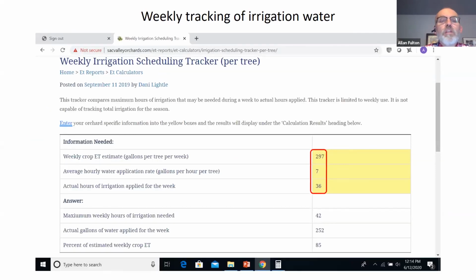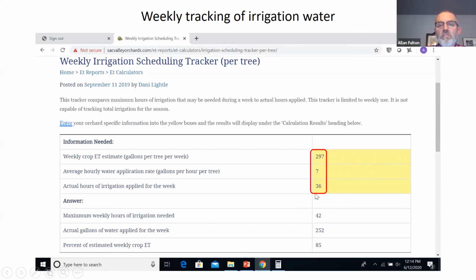And here is, again, using the online irrigation scheduling tracker to reinforce, double check, or make it more convenient for you. We put in the 297 gallons per tree per week of use, and the average application rate of 7 gallons per tree per hour. In this case, because this is a tracking calculator, we put in the actual hours applied.